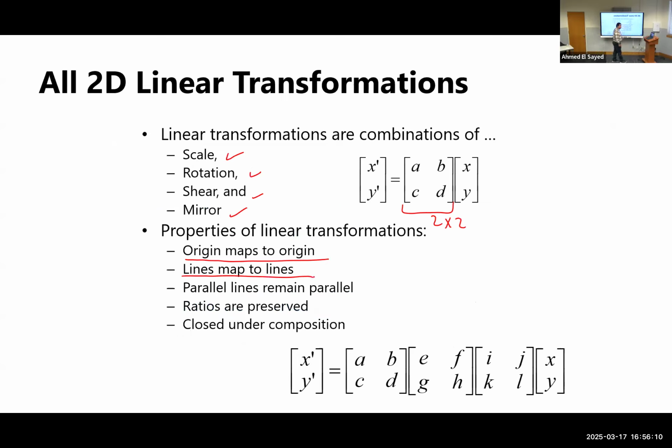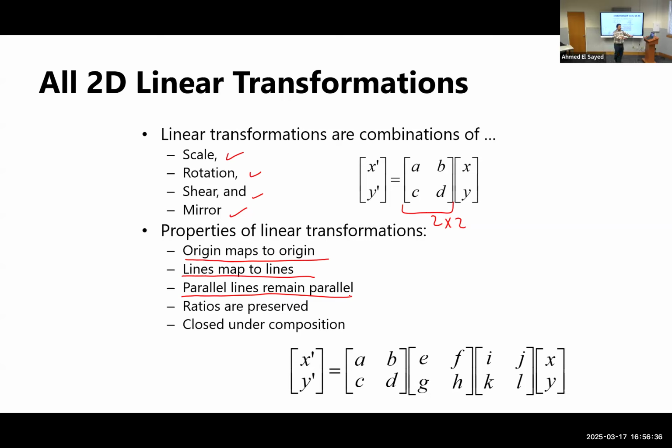Lines stay lines. If you have any straight line in the image, it will stay a straight line, it will not change. A line will never convert to a curve, and a curve will not convert to a line.